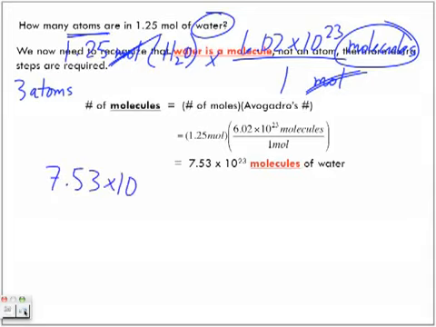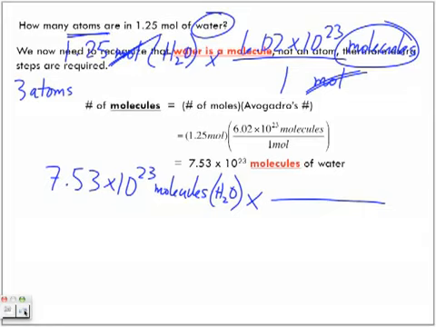So 7.53 times 10 to the power of 23 molecules, okay, of water. Now we're going to multiply it by something. But now I don't want my molecules units, right? This is where we're talking about the factor labeling, trying to cancel out. So we are always multiplying it, let's say, by a fraction. I want to do this.